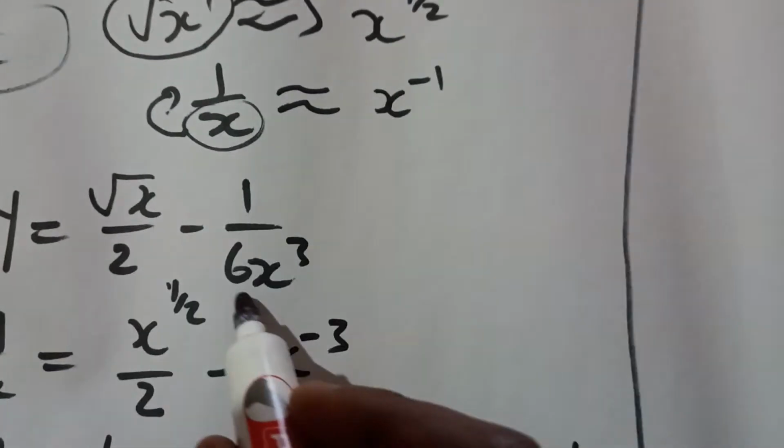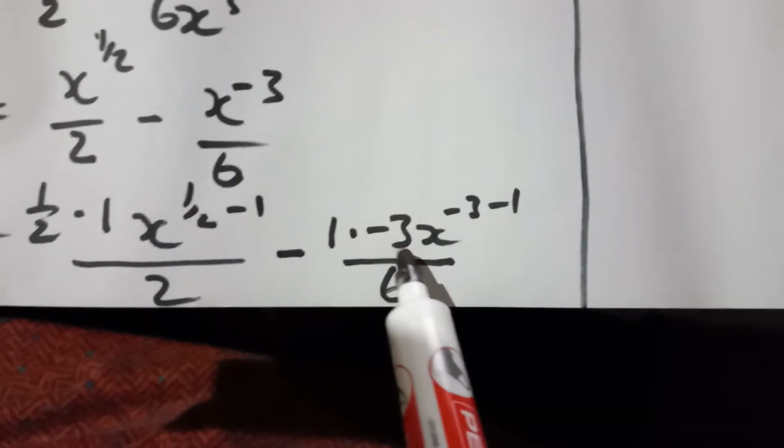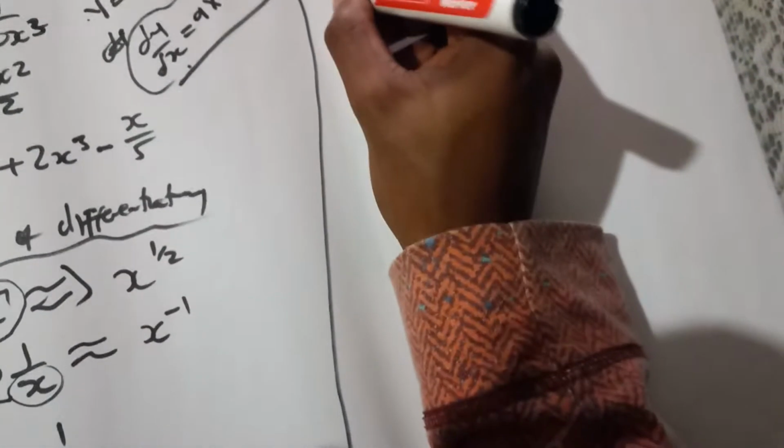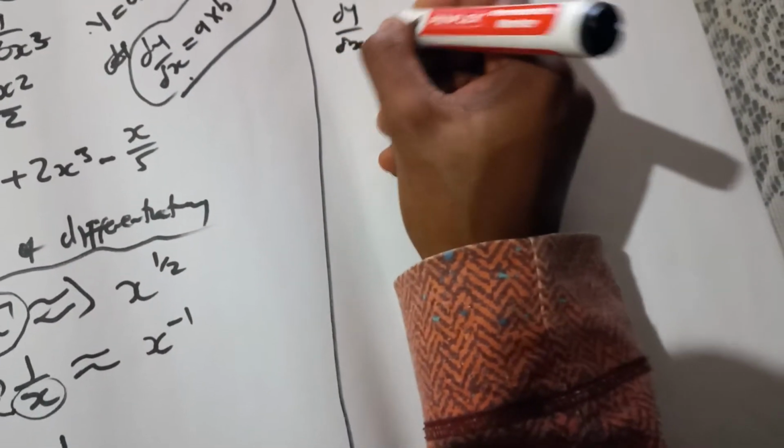You mustn't forget the 6. We never forgot the 6. Here is the 6. So dy over dx is equal to that.